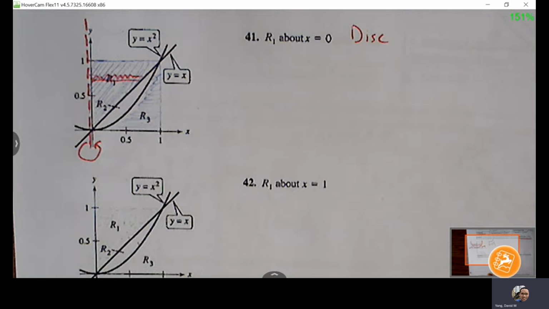I just want you guys to become more comfortable. With any shaded region, any axis, you can instantly tell whether it's going to be disk or washer, is it top minus bottom, right minus left, and be able to create your expression, but then also be able to find your bounds.